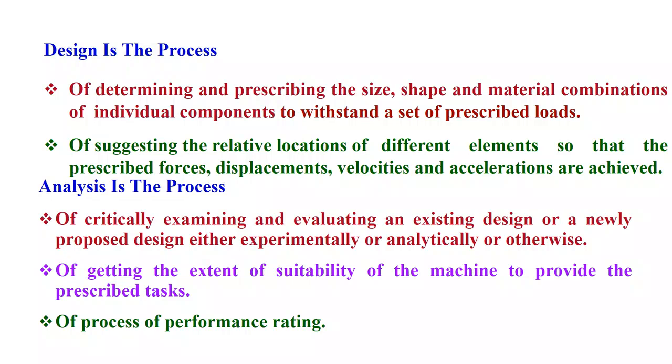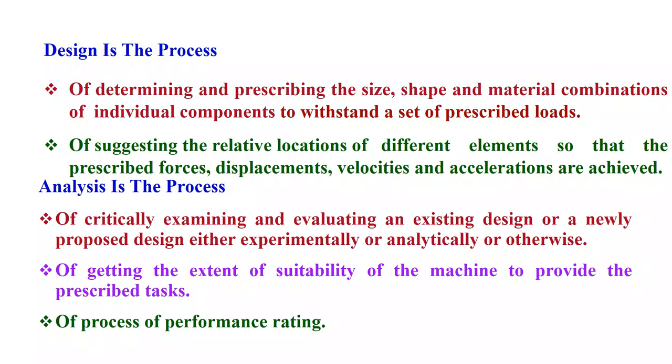So this falls under engineering mechanics and solid mechanics. Here we take existing solutions from the design phase, or otherwise we generate a new concept. The existing or new concepts we evaluate using either an experimental method, an analytical method, or some other methods.